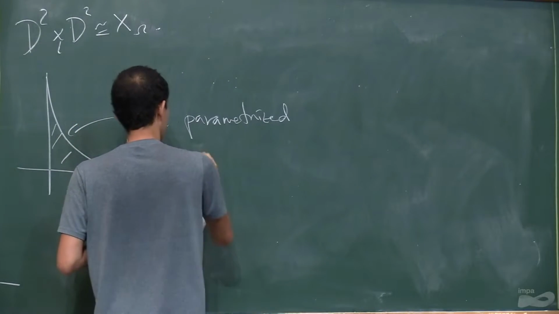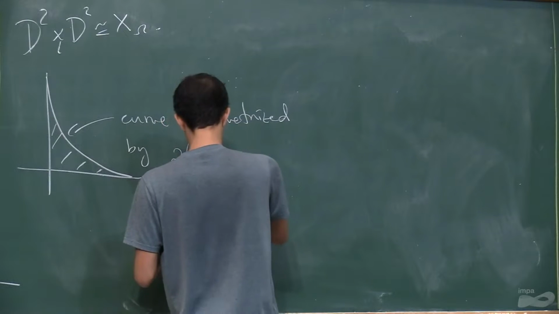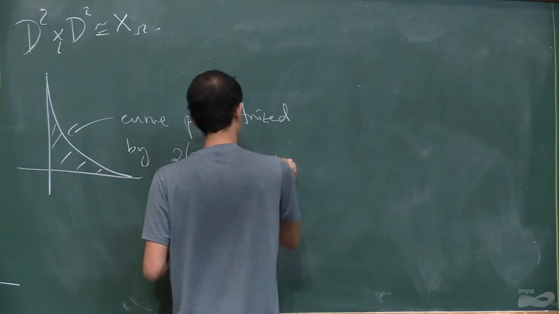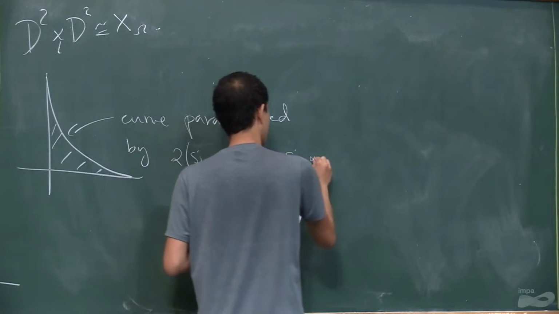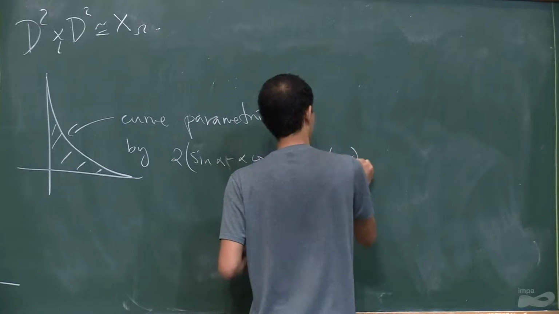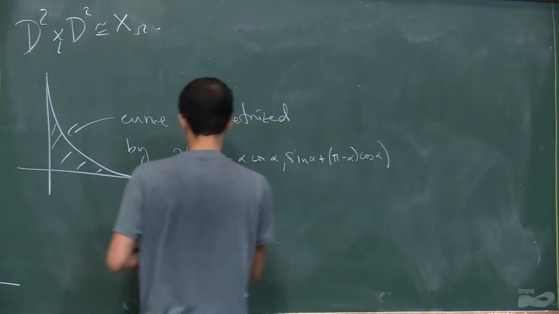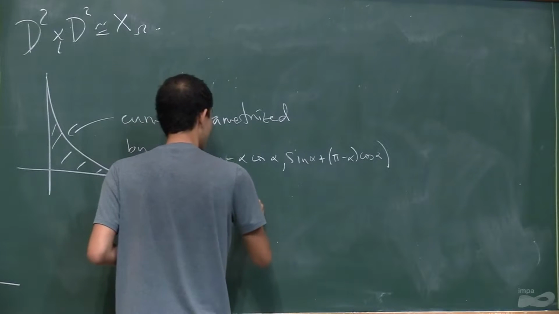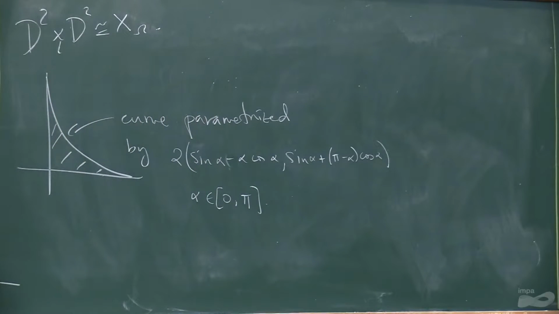It's 2 sine of alpha minus alpha cosine of alpha, and sine of alpha plus pi minus alpha cosine of alpha, where alpha is between 0 and pi. It doesn't really matter what the formula is. I just want to show you that it's something very explicit.